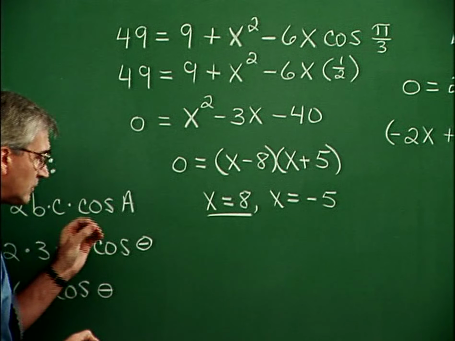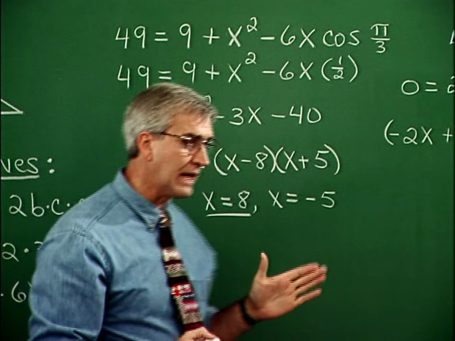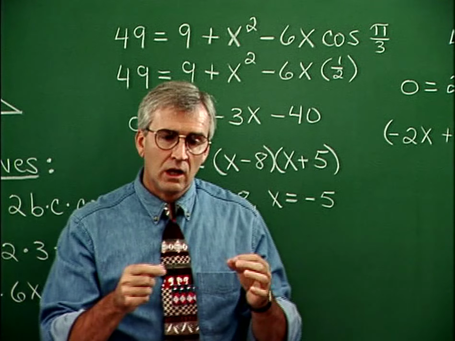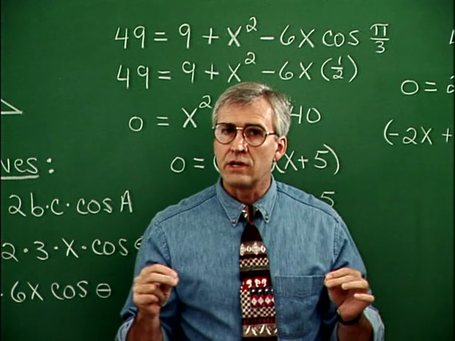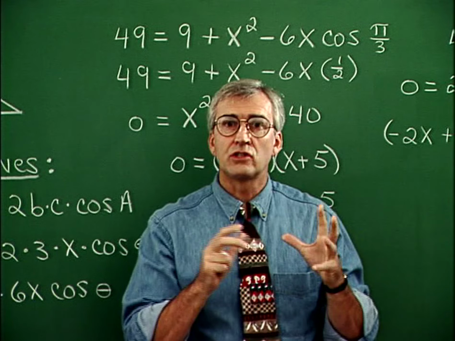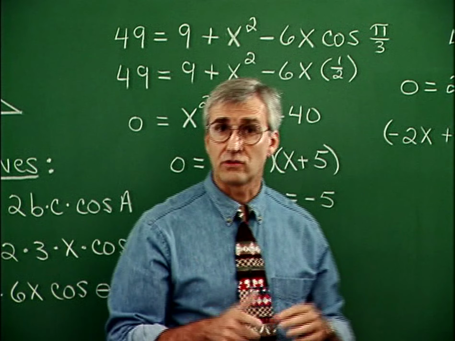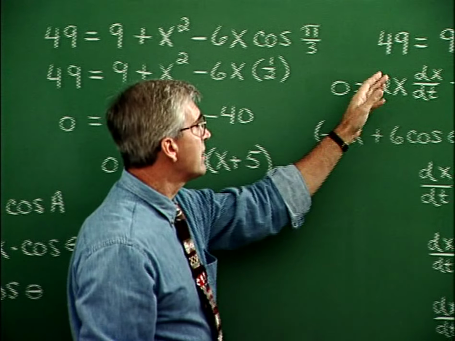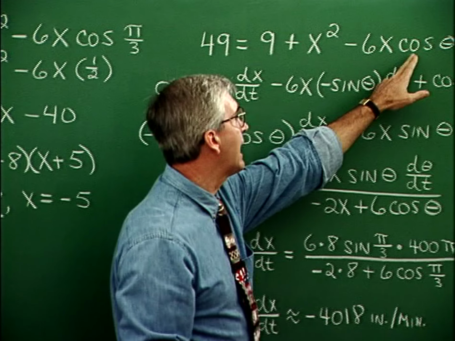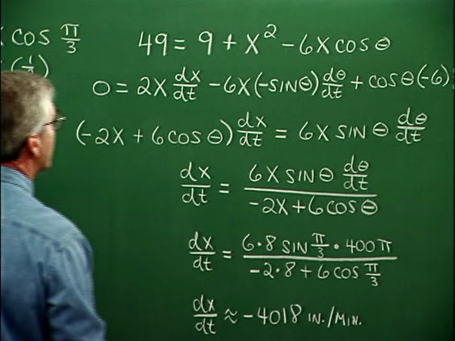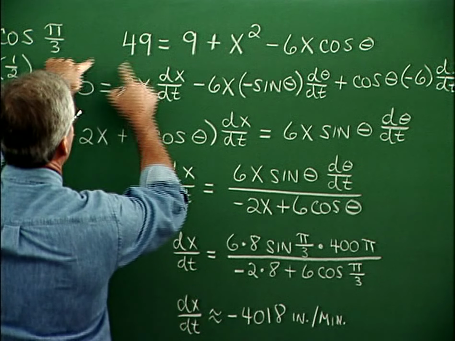Well, now we're ready, with x being 8, to go into the implicit differentiation and get at these instantaneous rates of change that will provide an answer to the problem. All right, I've repeated the equation up here, and by implicit differentiation, the 49 becomes 0.